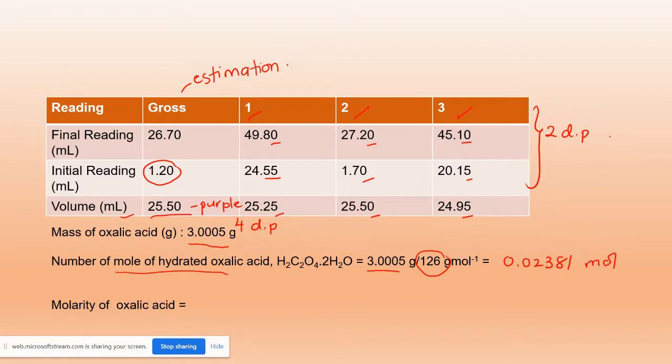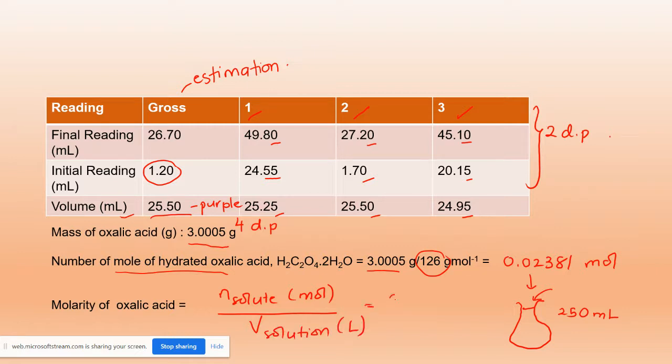Then, how do you calculate the molarity of oxalic acid? Remember, all this we dissolve in water and put every single solute in the volumetric flask and make it up to 250 ml. Therefore, how do we calculate the molarity? Molarity is just n of solute in mole over the volume of solution in liter.